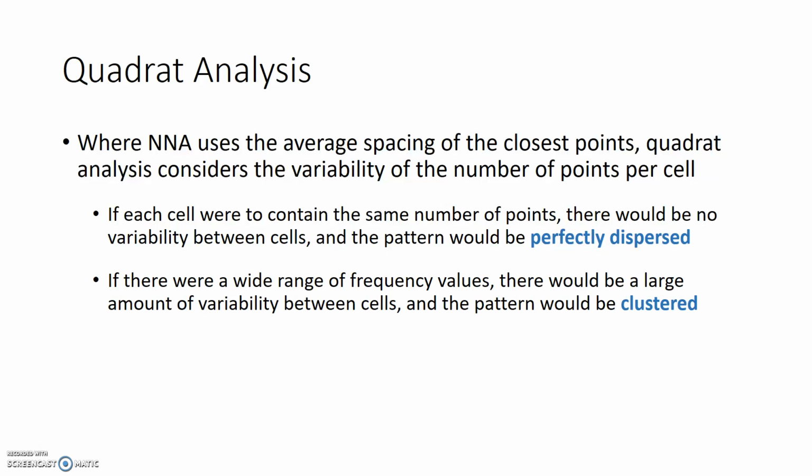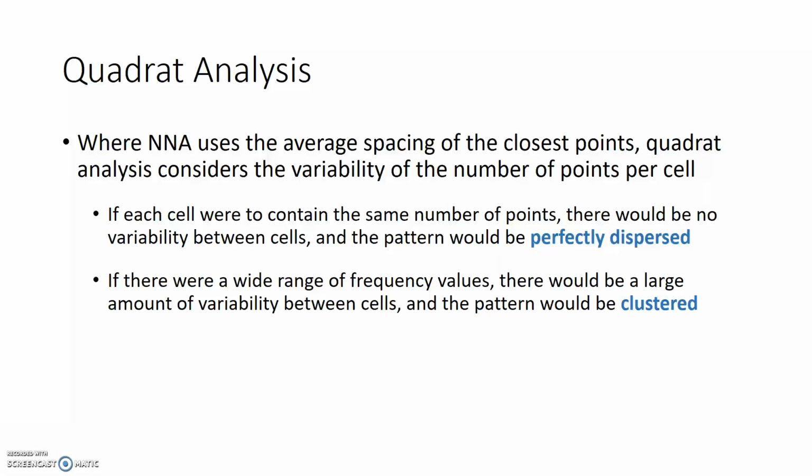Another way of looking at it is if there was a wide range of frequency values between the cells, we'd have a lot of variability because we'd have some cells with very few or no points. We'd have some cells with a lot of points, or potentially all of the points. We'd have high variability, and that would tell us that our pattern might be clustered. So again, we're looking at the extremes here, from perfectly clustered to perfectly dispersed.